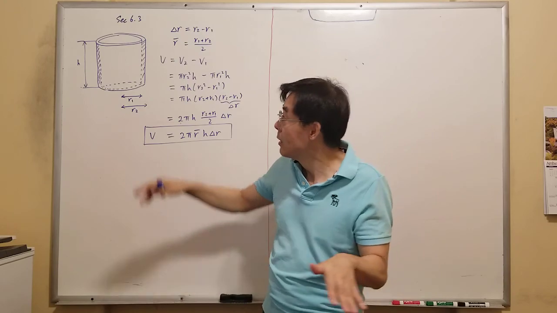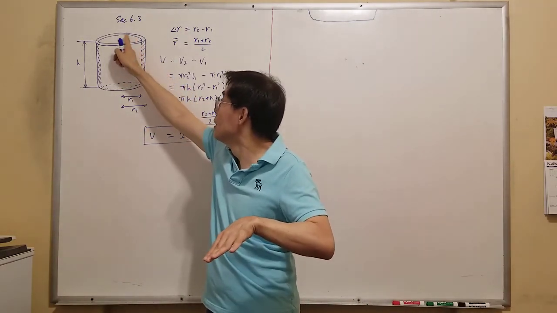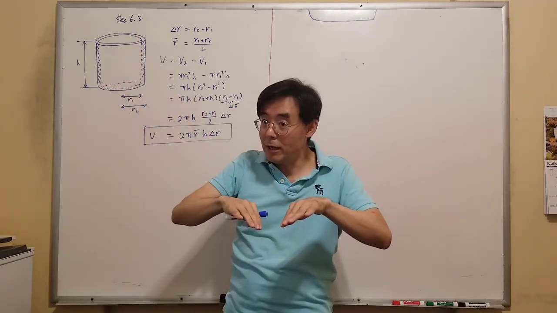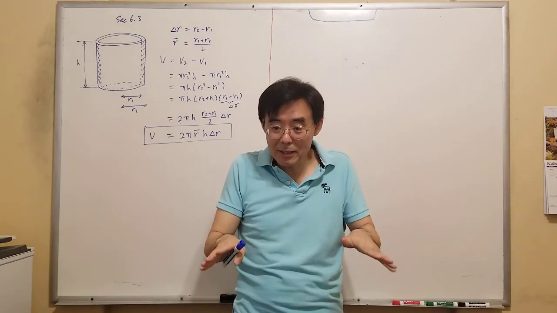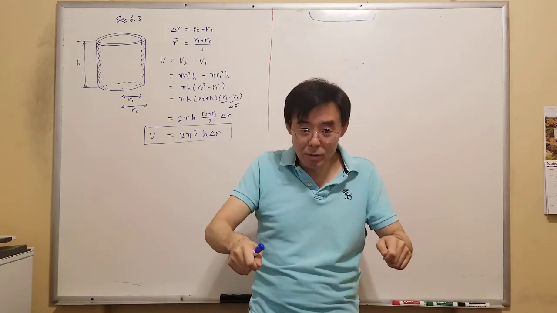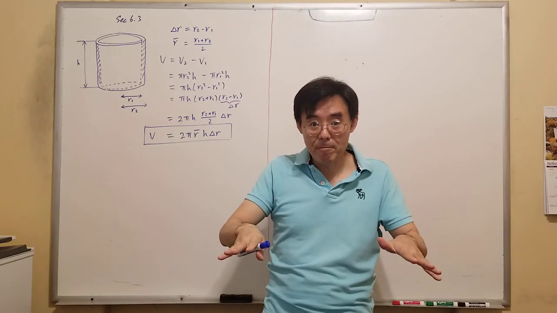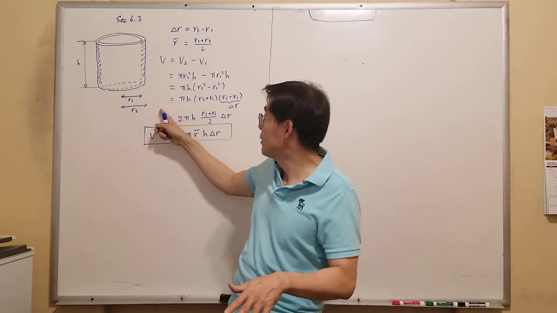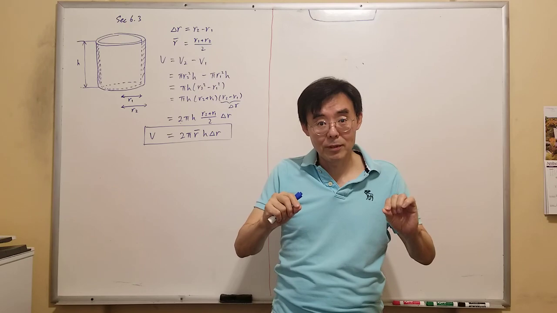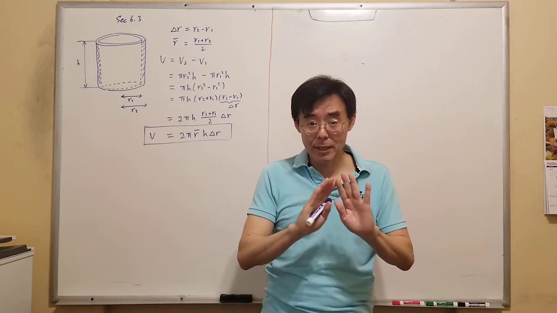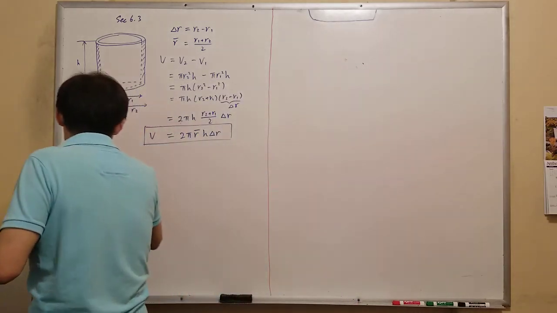Obviously the inner wall length, 2 pi R1, is shorter than 2 pi R2, so it's not going to be exactly flat. When you try to make it flat, there will be some wiggles here and there. But if delta R is very small, then R1 and R2 are pretty close, like a thin can. So if you flatten it out, this is what you're going to get.